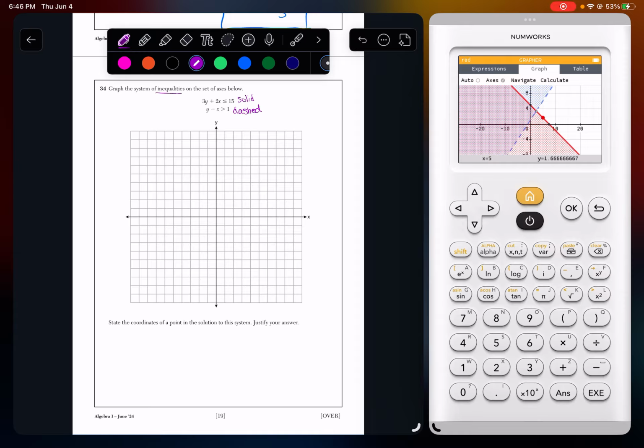Hit execute, and it'll tell me the y value. So if I put 5, I got a decimal. Let's try 6. The 0.61 is not a whole number. And then I can kind of jump from there. I see I have 3, 3.